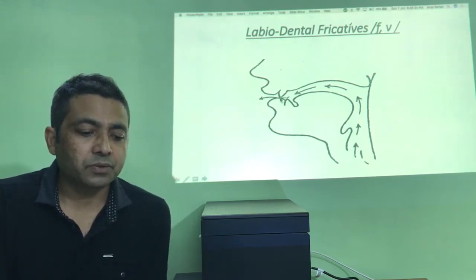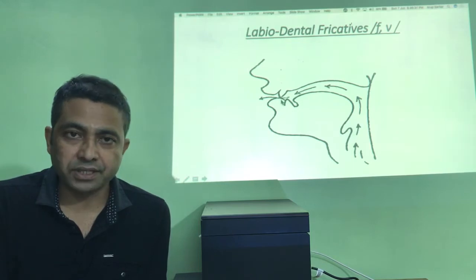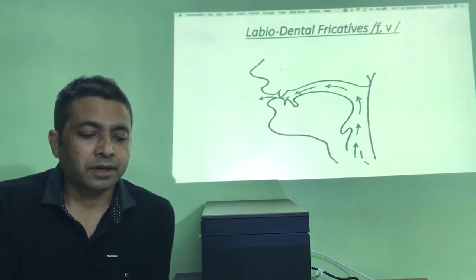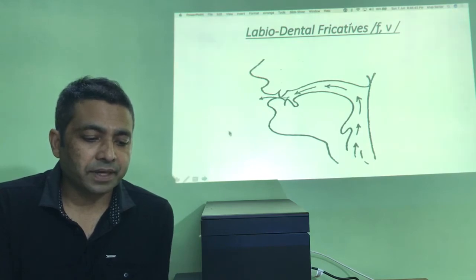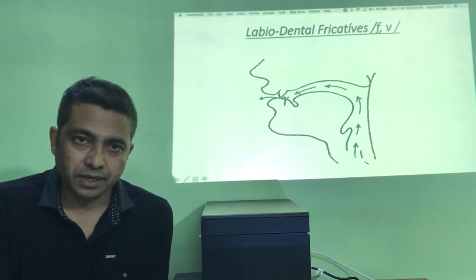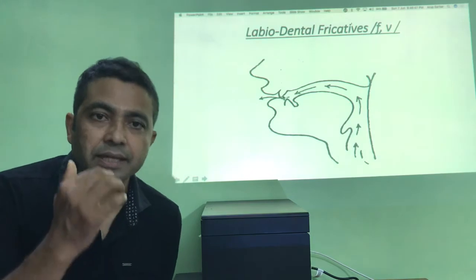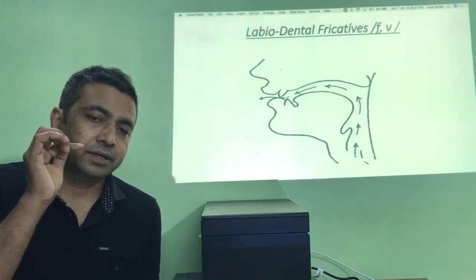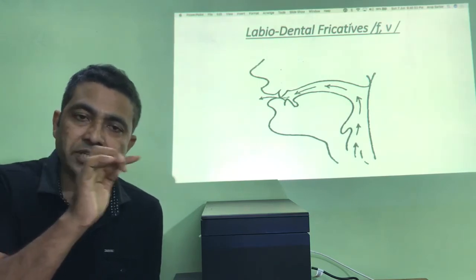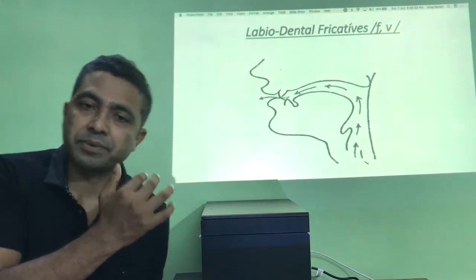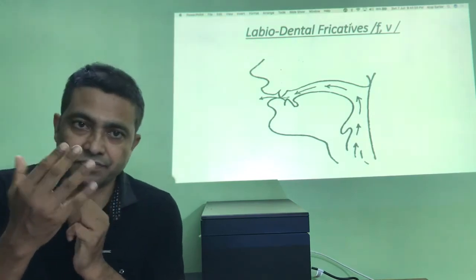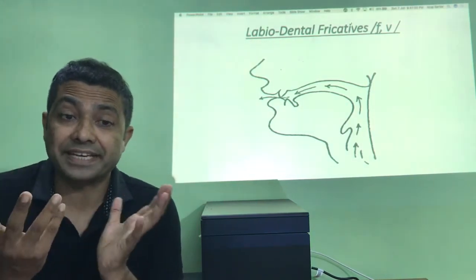Fricative because though they come into contact, it is not full contact but partial. A passage is left between the upper teeth and the lower lip. As a result, the air continuously comes out, but since the passage is very narrow, there is a friction sound. That's why they are called fricatives.